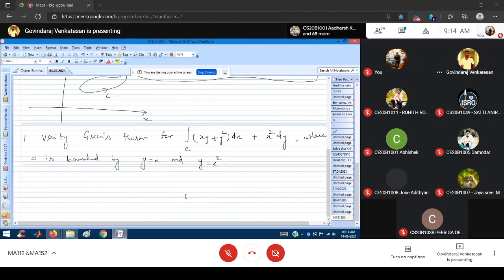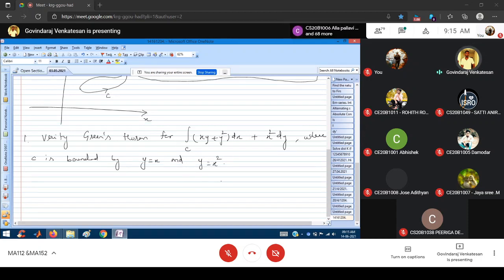So we have to verify Green's theorem for this function, where C is the curve bounded by y equal to x and y equal to x square.